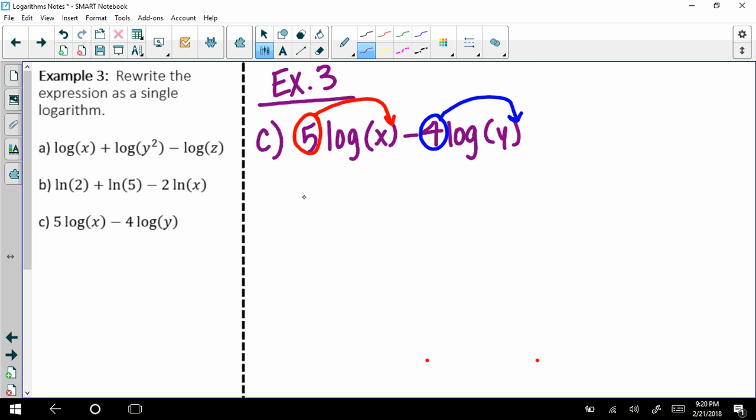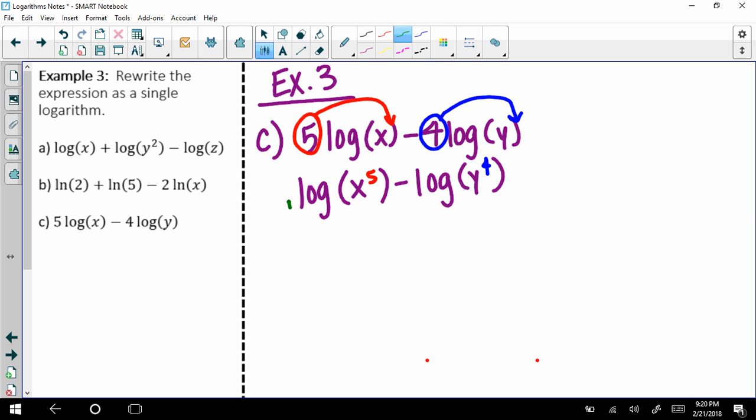So then we have log of x to the 5th power minus log of y to the fourth power. Okay, so that was using the power property.